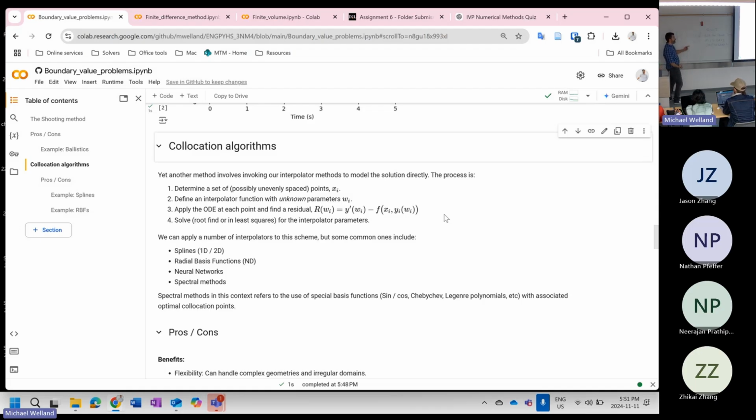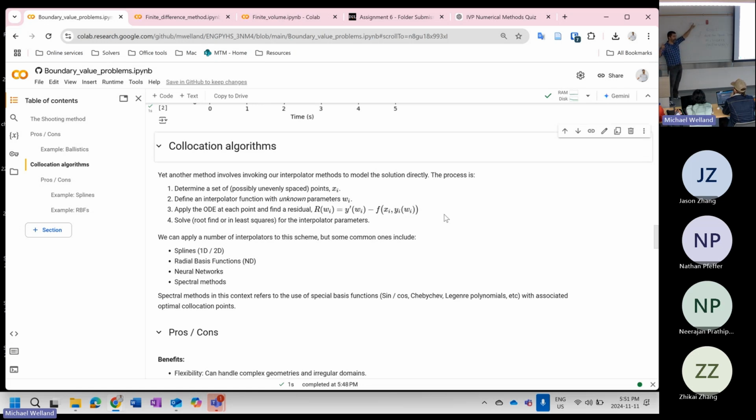Well, now I could apply my ODE to that. I could say, what is ∂y/∂t minus f(y, t)? And I could call that my residual. Now my residual is actually a function of whatever I'm using to fit y.